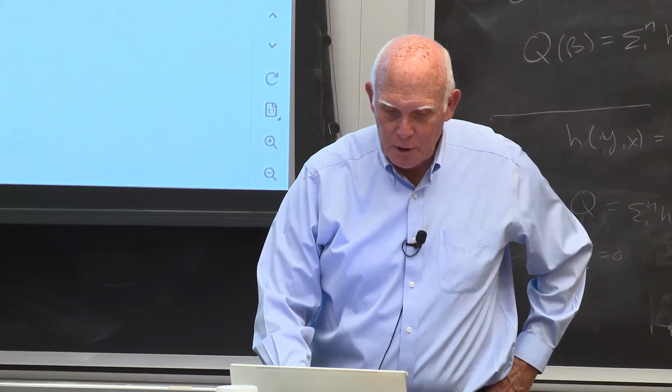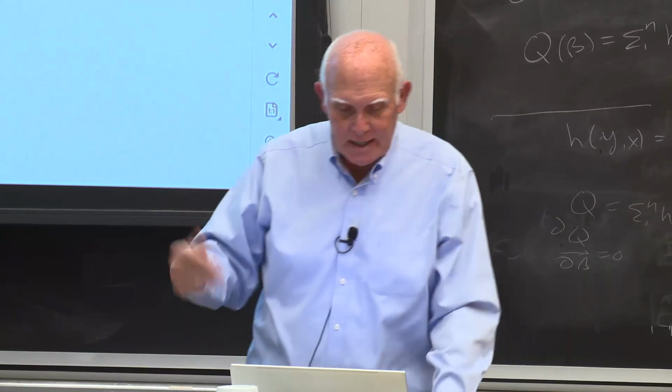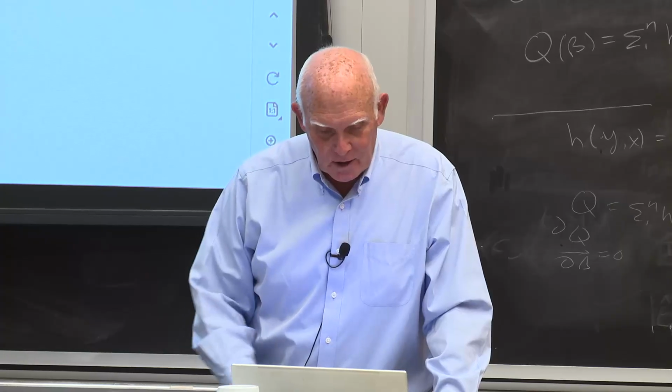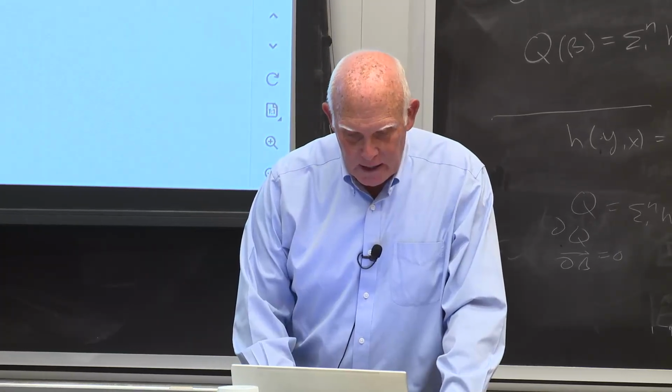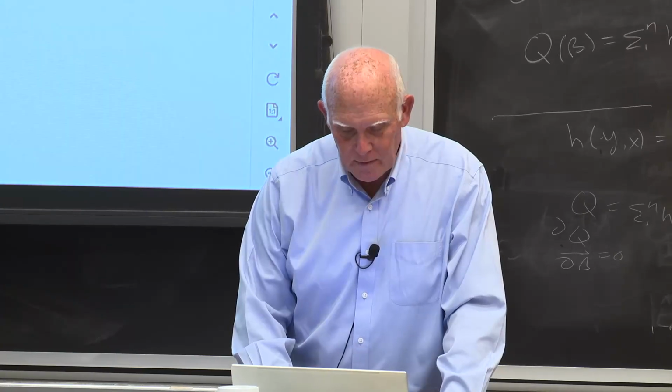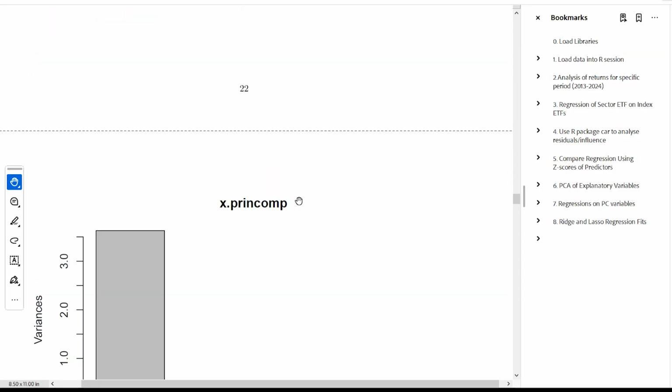If we compute a principal component analysis of our independent variables, in this case the index exchange traded funds, we have a decomposition of variability which indicates that the first principal component variable explains 90% of the variability in these data. The first two, 97%. So we're actually explaining a lot of variability with just the first two.